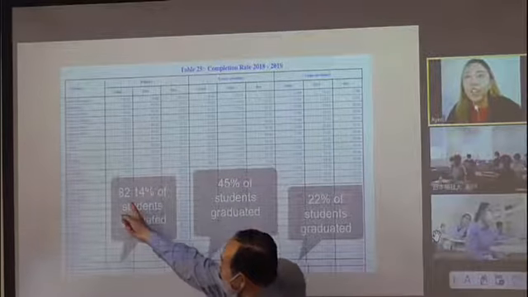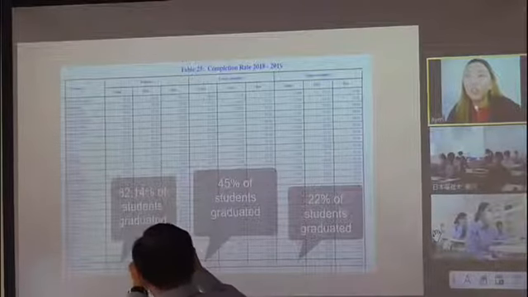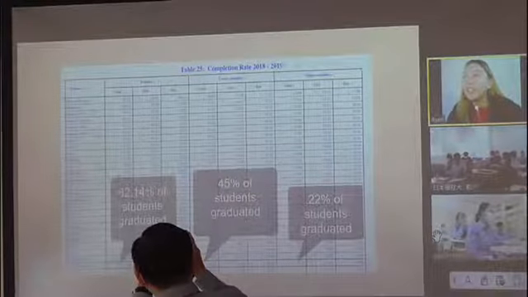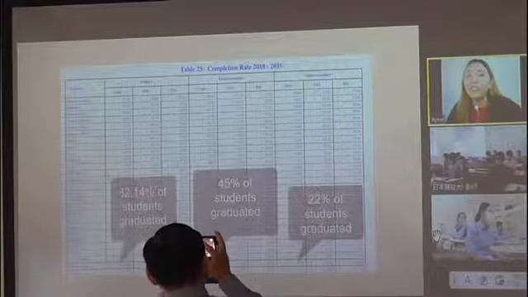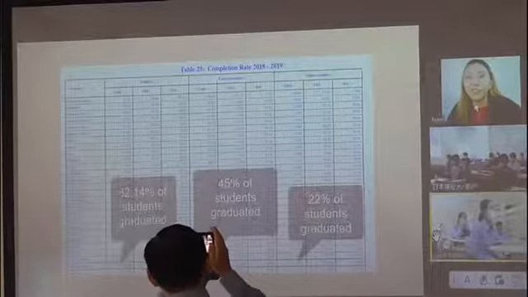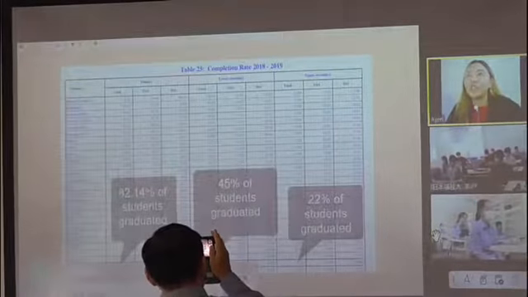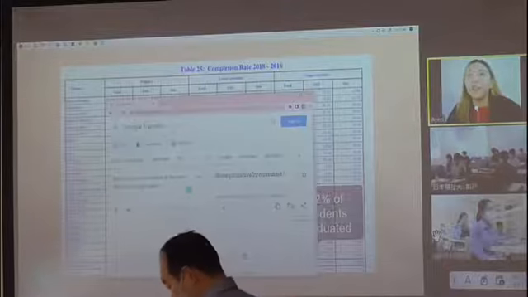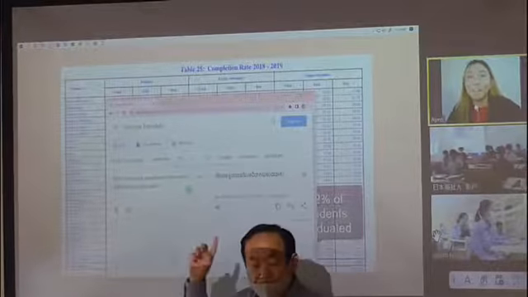Look, this is 82.14, this is only 45, and this is 22. Can you see the difference? Yes, sir. Alright, so which of these is the most difficult to understand? Which is the most difficult, 1 or 2 or 3?